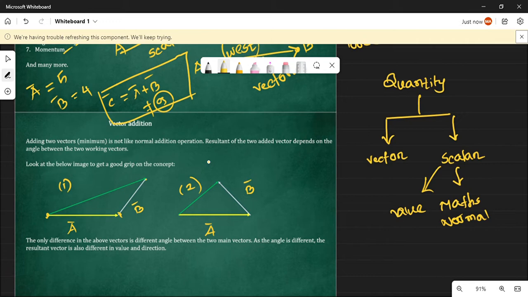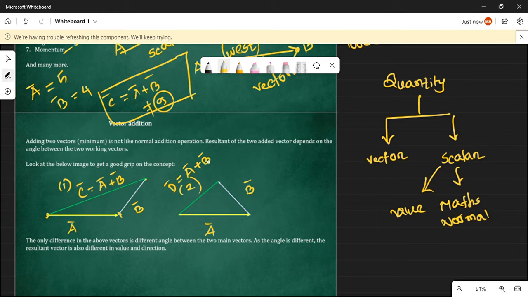So we can write C is equal to A plus B. In the same fashion, in image 2 we can write D vector equal to vector A plus vector B. But now the question is: is C equal to D or not?